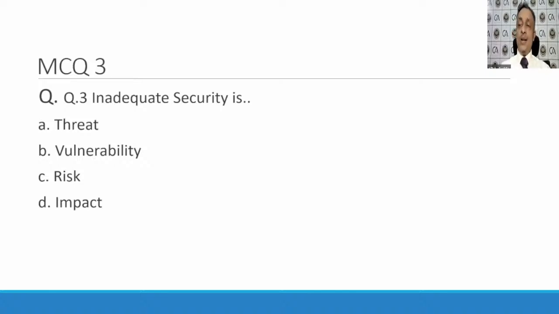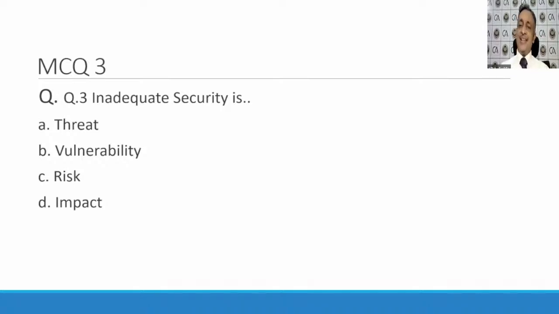What is the next word you learn? If there is a vulnerability, that there is a weakness, someone can exploit it. The person who exploits that weakness, that individual, becomes a threat. So what is the threat? That which exploits a vulnerability.